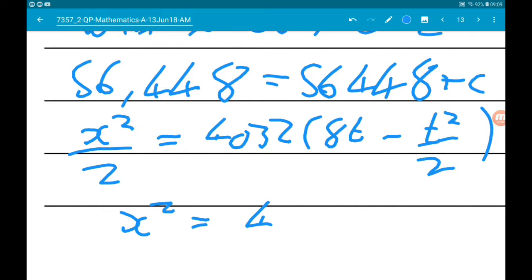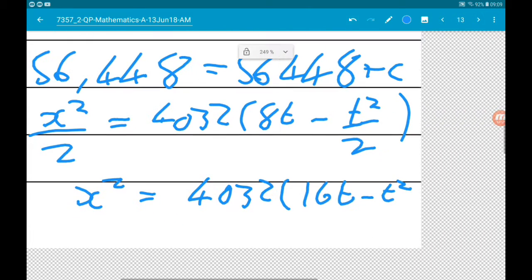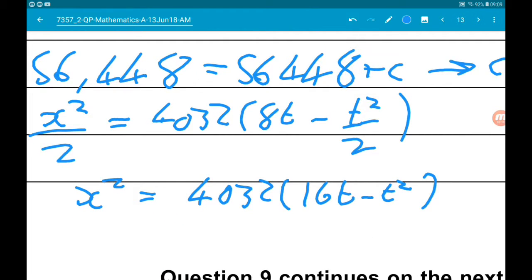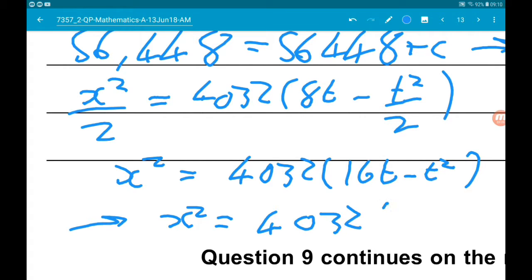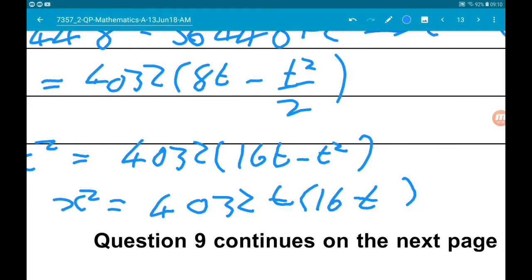So we get 4032 times (16t minus t squared), and then finally that bracket has a common factor of t, which they've decided to take out, so we get 4032t times (16 minus t). Cool.